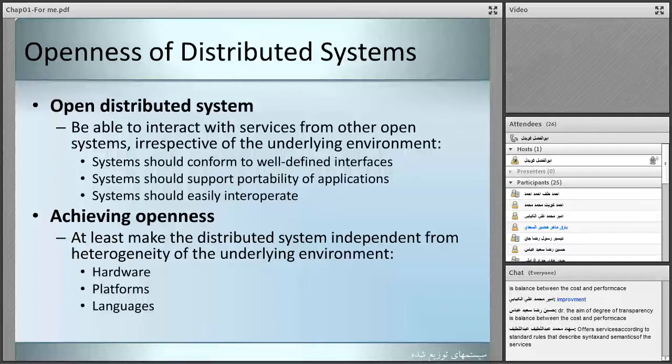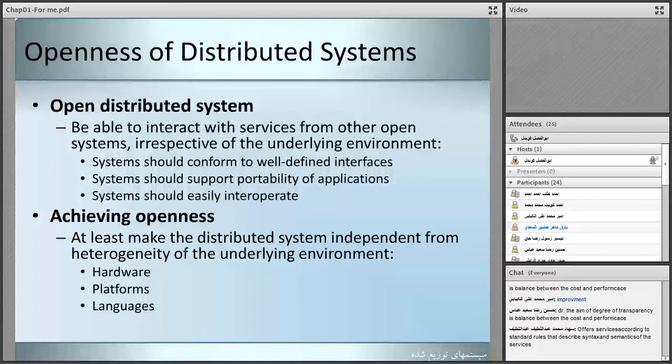The openness of distributed systems is determined by the degree to which new resource sharing services can be added and made available for use by client programs, for example, or users. It is the meaning of openness.